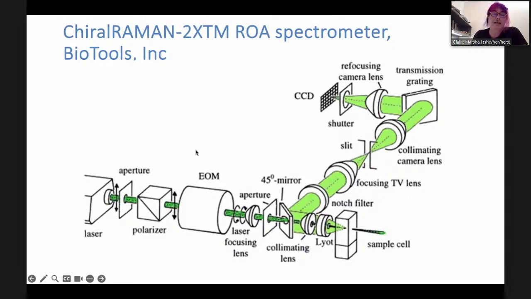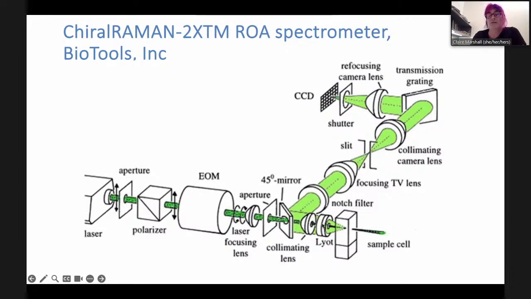And here's a little optical train. I'm not going to go through it in great detail because I'm probably hitting the limits of my talk time, but a few things I will point out that are salient for instrument development. First of all, you can see that we have a polarizer here, an electro-optic modulator, and a bunch of apertures.